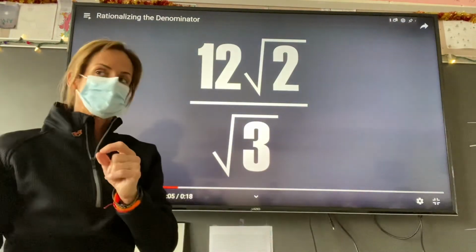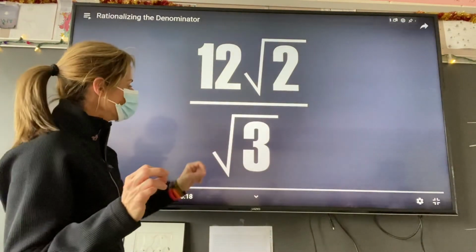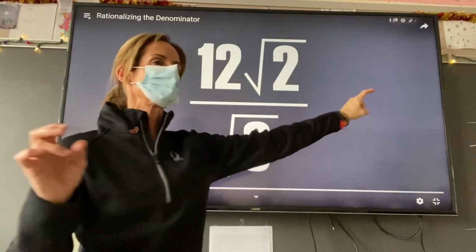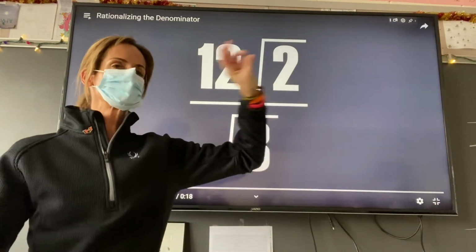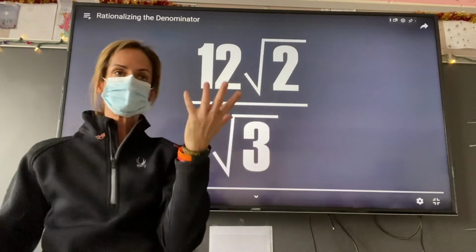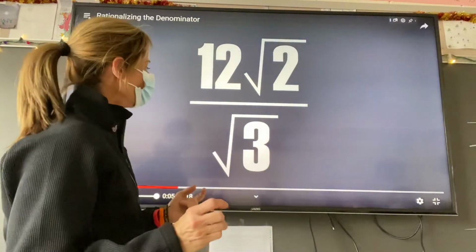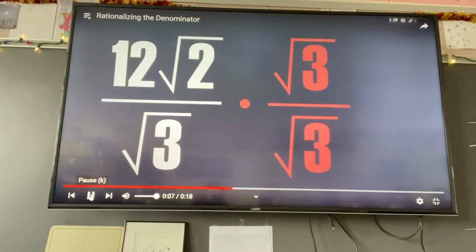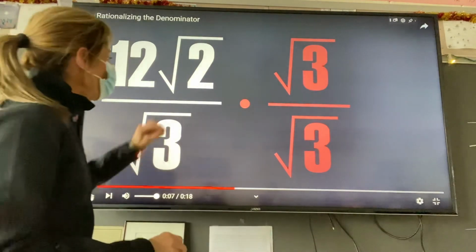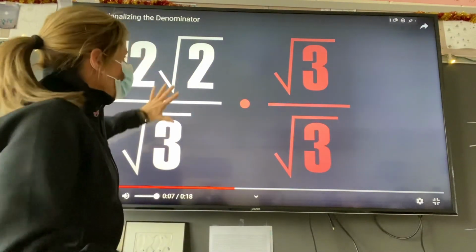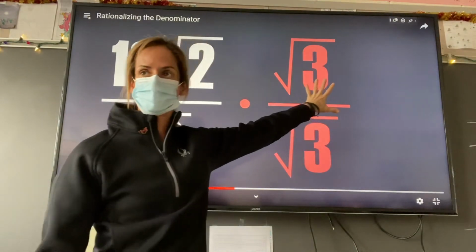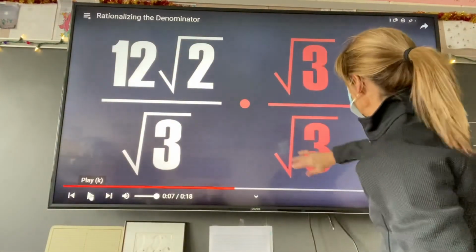So we just learned that if I were to multiply the square root of 3 by itself, what do I get? What's the square root of 3 times square root of 3? 3. So if I multiply this expression here by the square root of 3 over the square root of 3, which is equal to 1, I call this special 1.